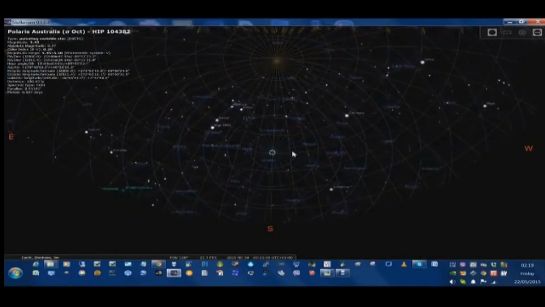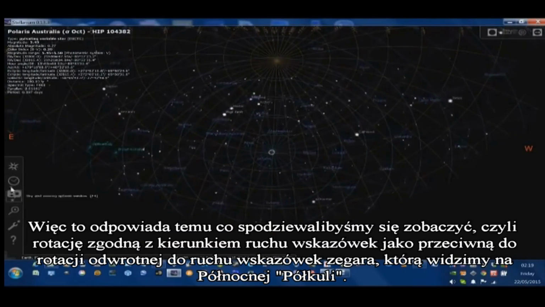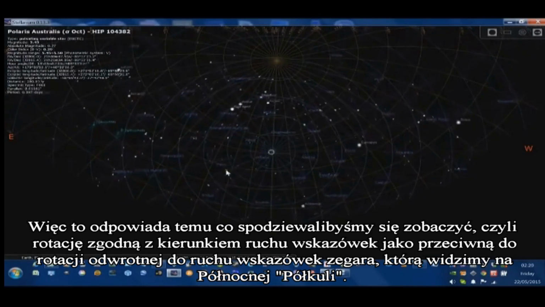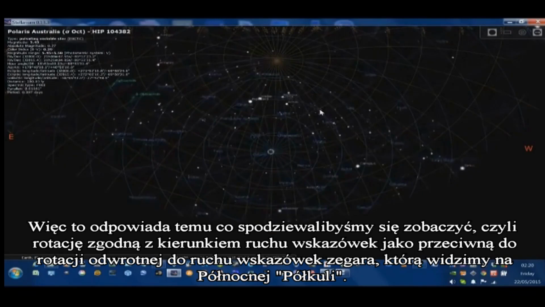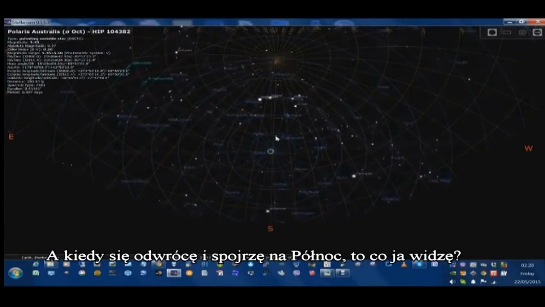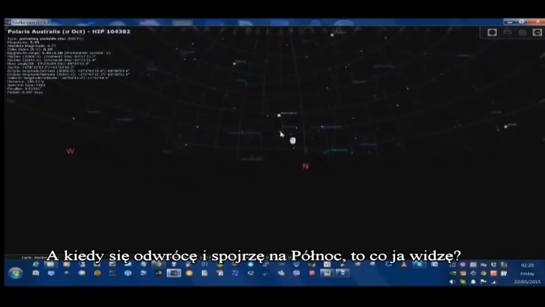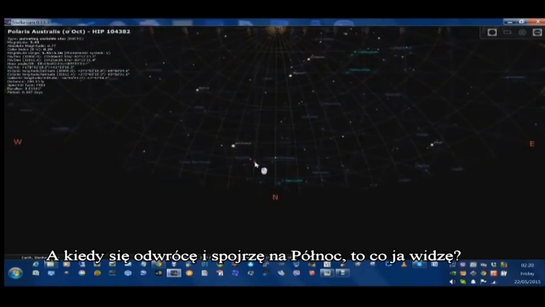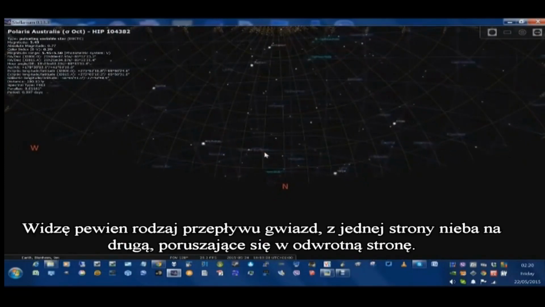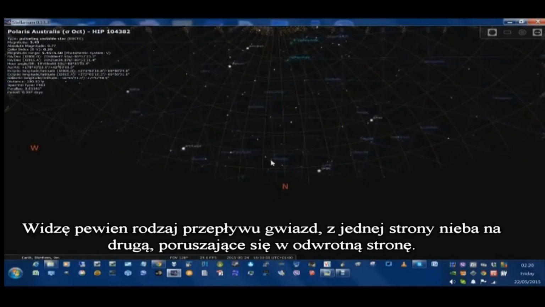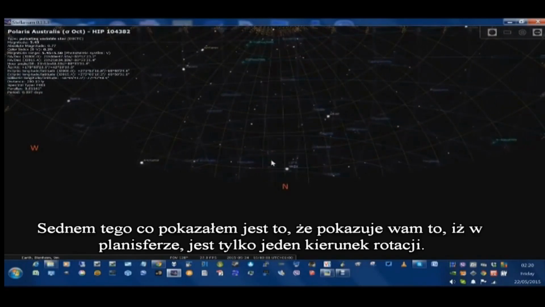Okay. So that matches up with what we would expect to see, a clockwise rotation as opposed to an anti-clockwise rotation, which you see in the northern hemisphere. And when I turn around and I look north, what do I see? I see the kind of flow of stars from one side of the sky to the other, going in the opposite direction. So what's the point of what I've shown you?